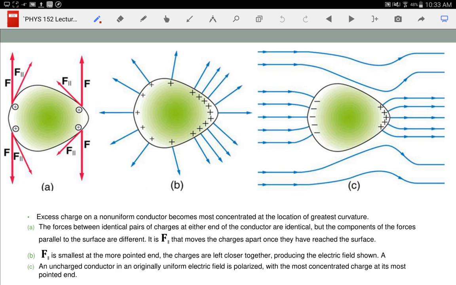And so charge will move as a result of that electric field until it distributes itself so it doesn't have any sideways forces. What condition for electric fields means that the charge won't have any forces pulling it sideways on the surface? The electric fields have to be normal to the surface.